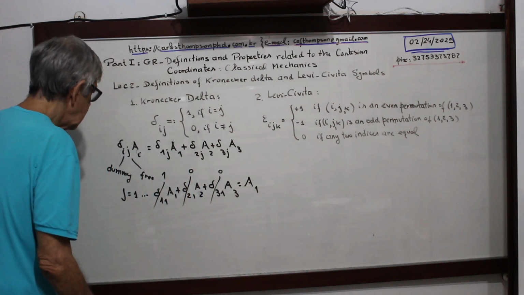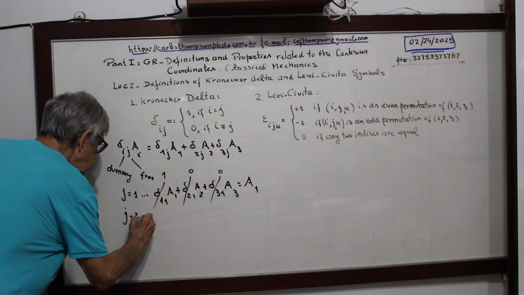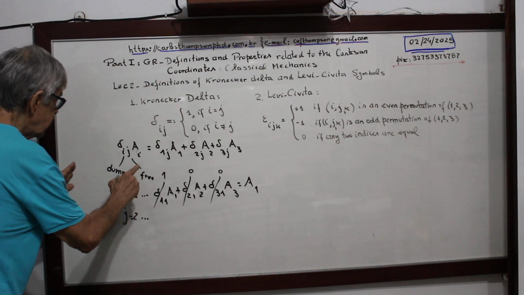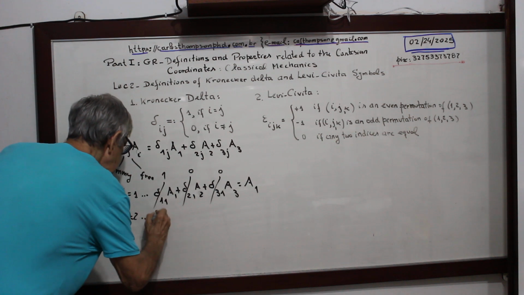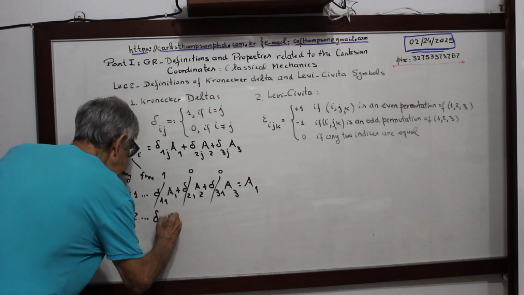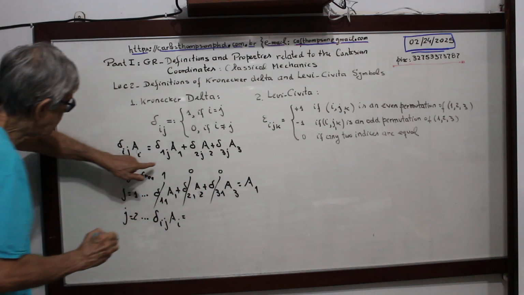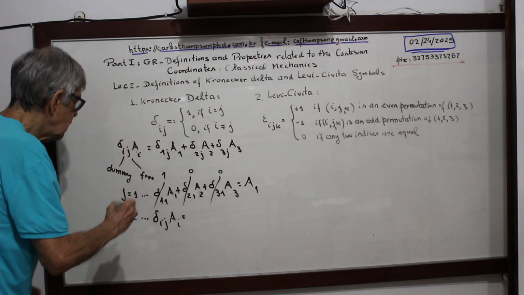Now, j is free. So j is equal to 2. I substitute here j by 2.